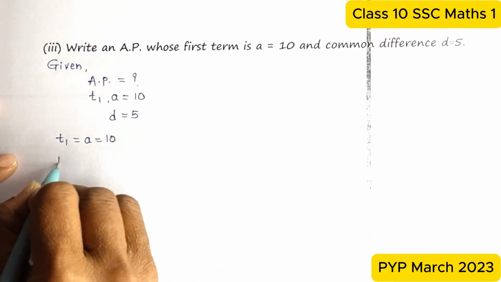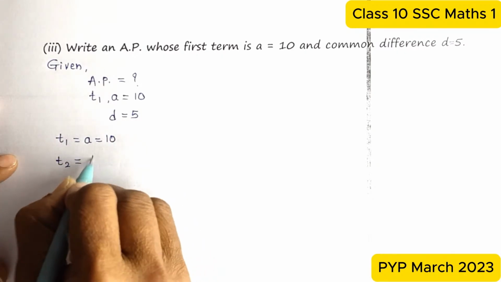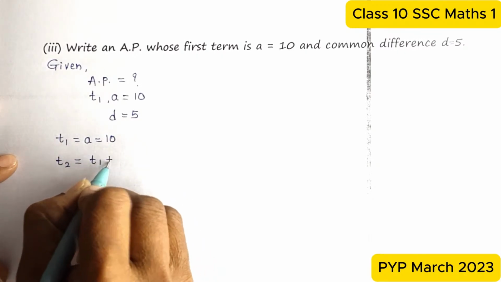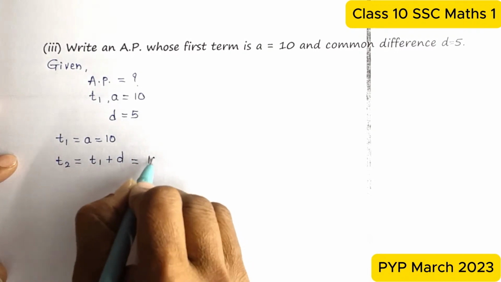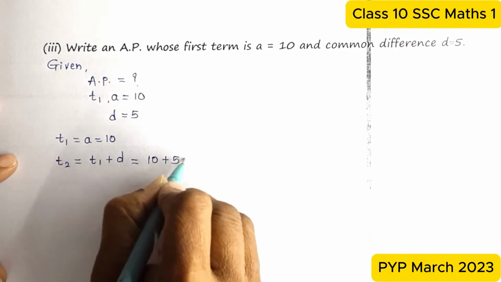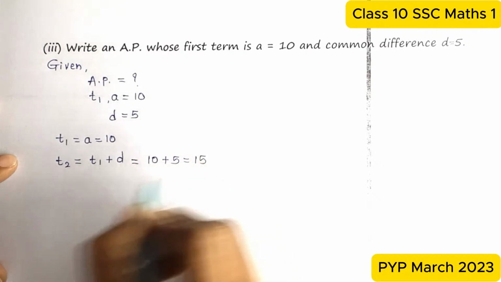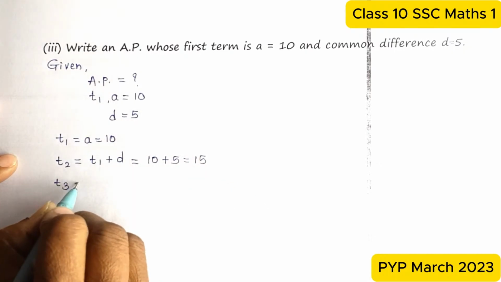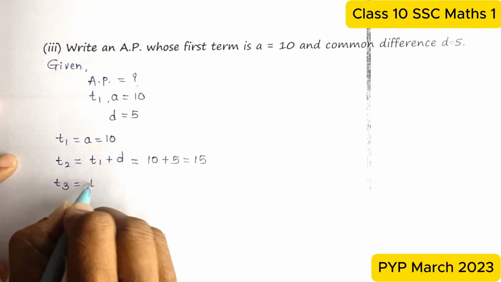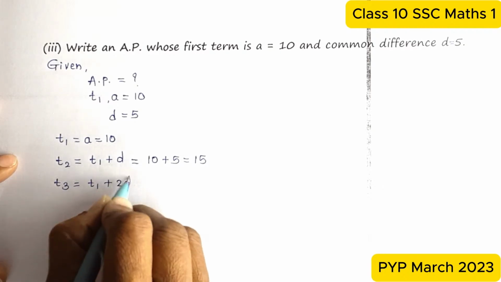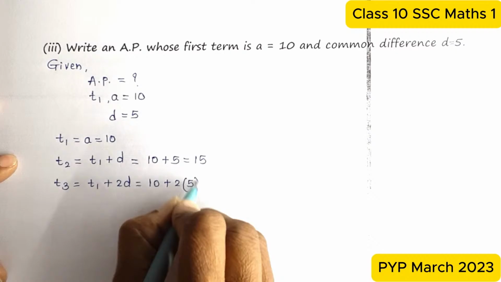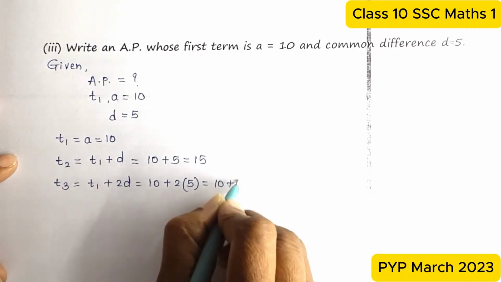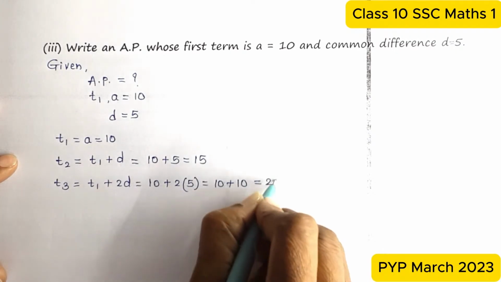Then here students, T2 is equal to T1 plus d. That means 10 plus 5, that is equal to 15. Then students, T3 is equal to T1 plus 2d. So here 10 plus 2 multiply 5, that means 10 plus 10, which is equal to 20.